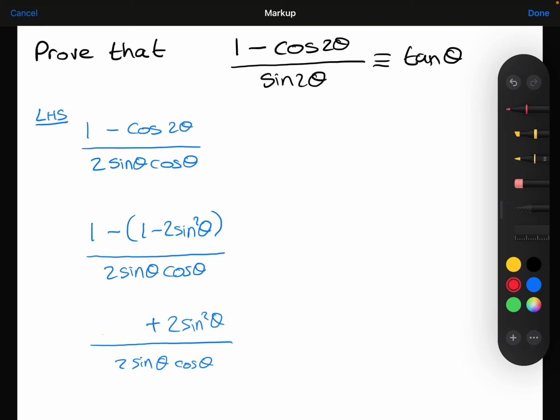Then I notice the 2 on the top and the 2 on the bottom, they're going to cancel out. And then I notice the sine on the bottom and the sine on the top, they're going to cancel out. And we'll be left with sine over cos, which I know is identical to tan, which is the right-hand side.